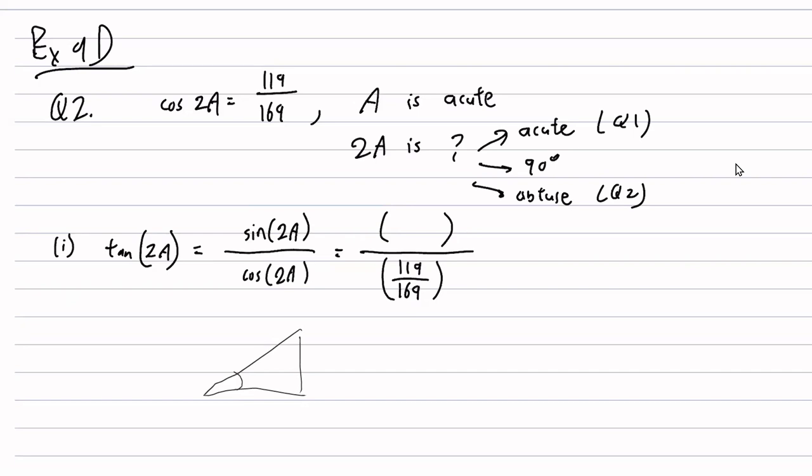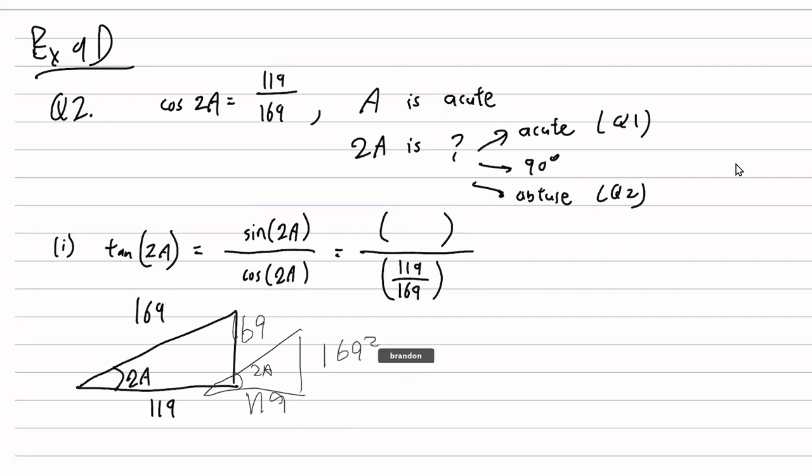Yes, correct. Draw a right angle triangle. And the angle, is it A or 2A? 2A, exactly. Adjacent, hypotenuse, how to find the other length.